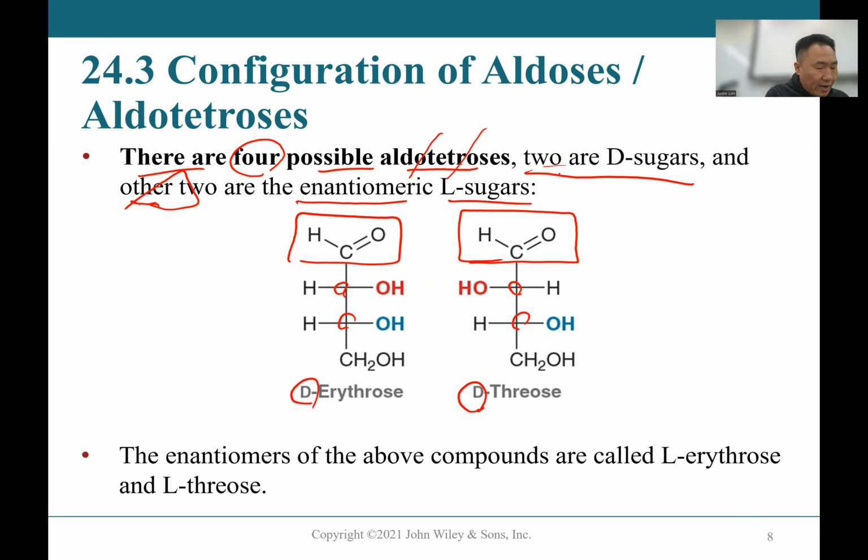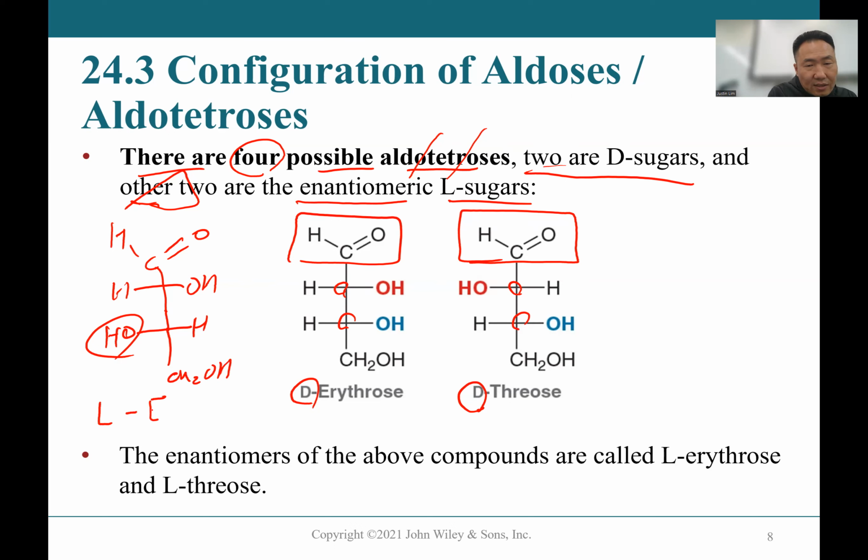So when you draw the L sugar, that's CHO, OH, H, and HO, H. Here, OH on the left side, CH2OH. That's L-erythrose.